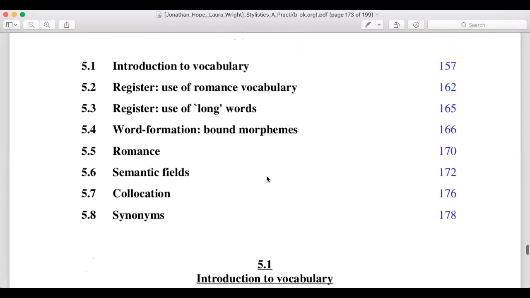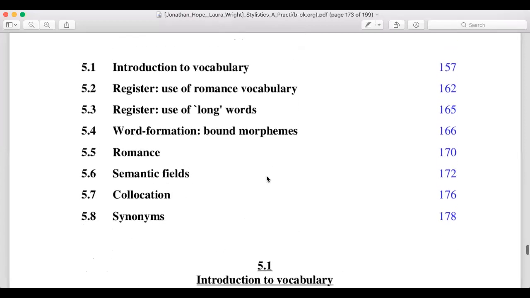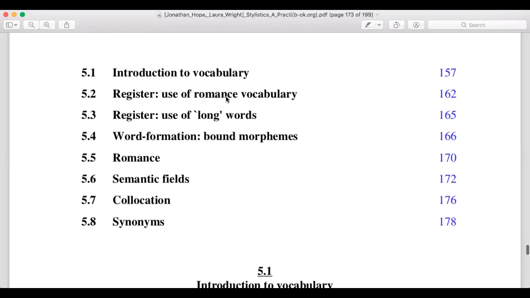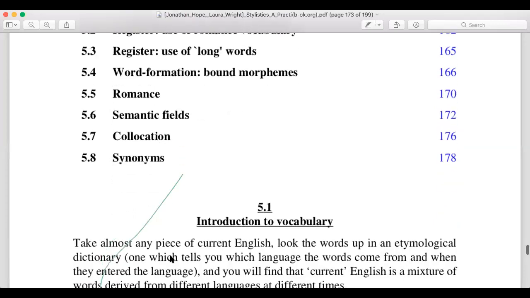So we are not going to do the vocabulary related to Old English and New English, and look at the history of the words, but we would start with bound morphemes specifically.